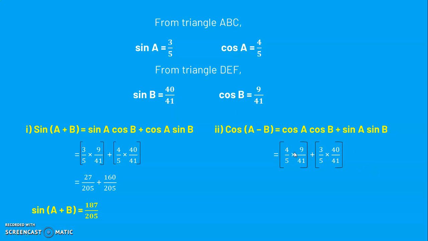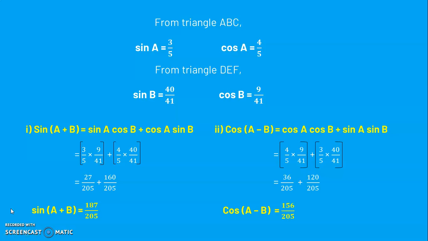So 4 into 9 is 36 and 41 into 5 is 205. 3 into 40 is 120 and 5 into 41 is 205. So that is 36 divided by 205 plus 120 divided by 205. So the resultant is 156 divided by 205. So this is your cos A minus B.